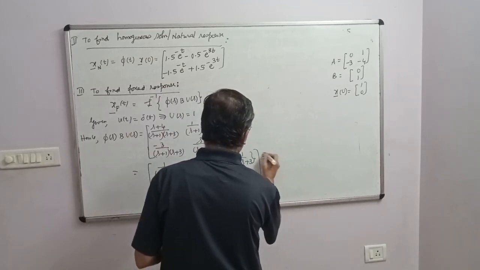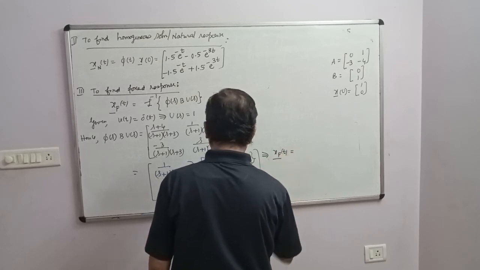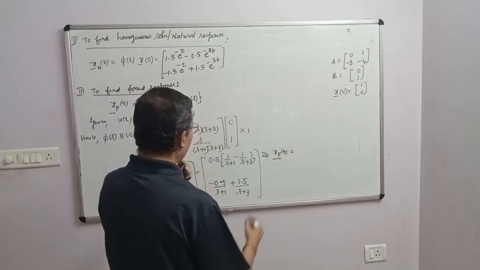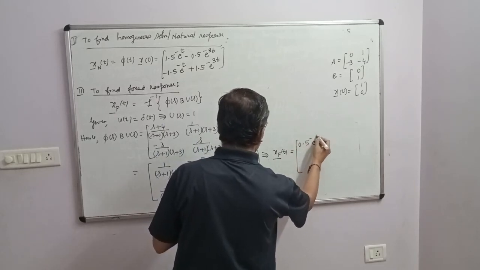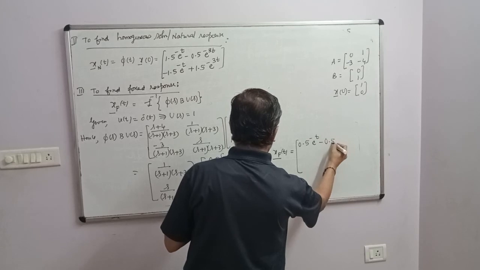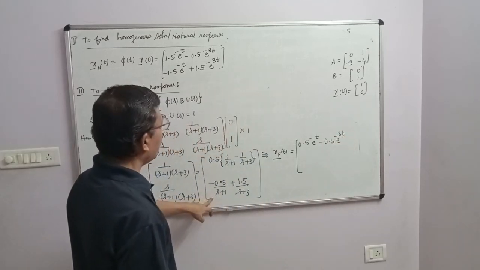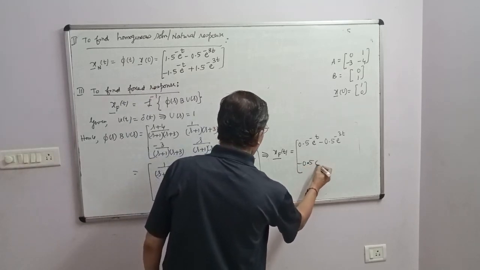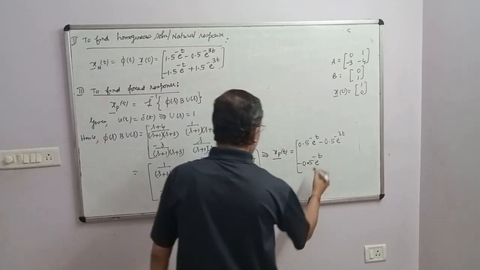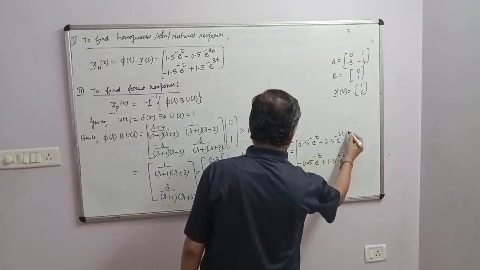This implies x f of t bar is equal to inverse of this, 0.5 into e power minus t minus 0.5 into e power minus 3t. Inverse of this is minus 0.5 into e power minus t plus 1.5 into e power minus 3t.